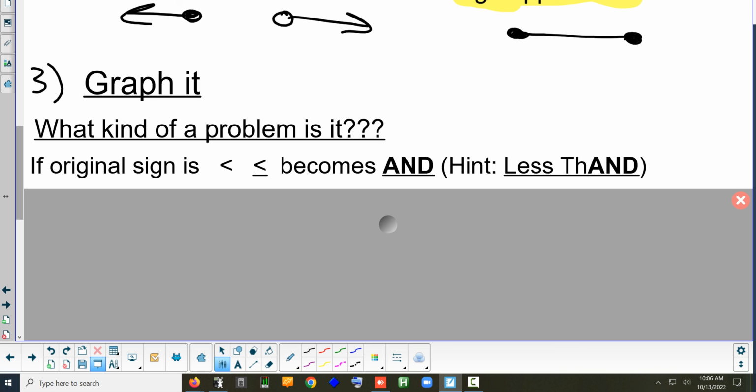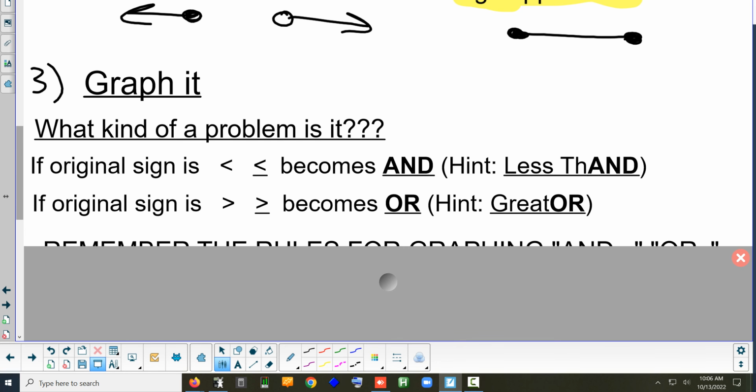Think if you pronounce it that way, instead of saying greater, say greater. Greater is an or. So that's the hint and how you can remember that one. So if the original problem has a greater symbol, it's an or. If it has a less than, it's an and.